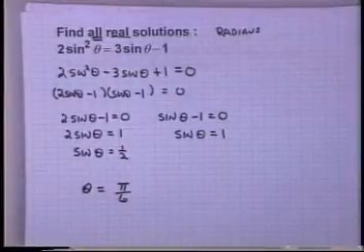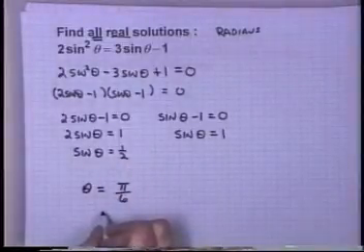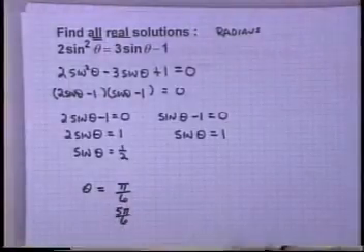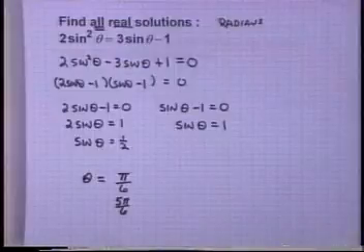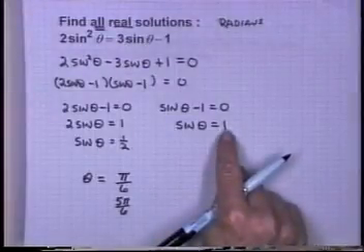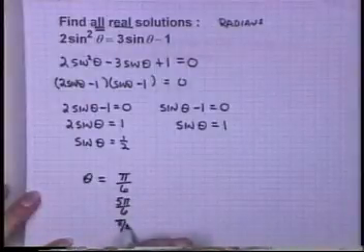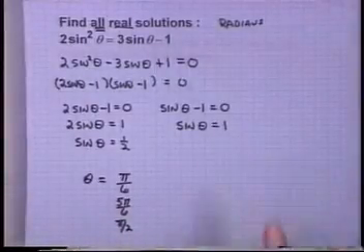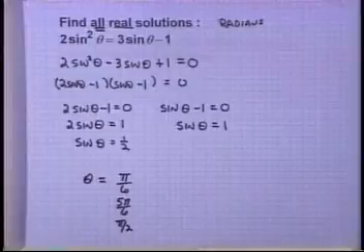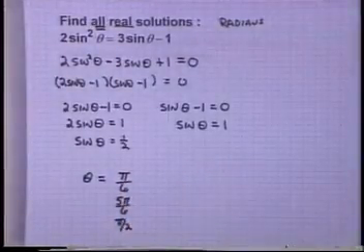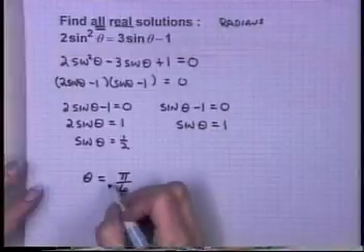So if we use pi over 6 as a reference in quadrant 2, we're going to get 5 pi over 6. Okay? Now, the sine is 1 at where? Pi over 2. And that's the only place, as far as 1 revolution is concerned, where we have a sine value of 1. I have 3 what I'm calling primary solutions here.